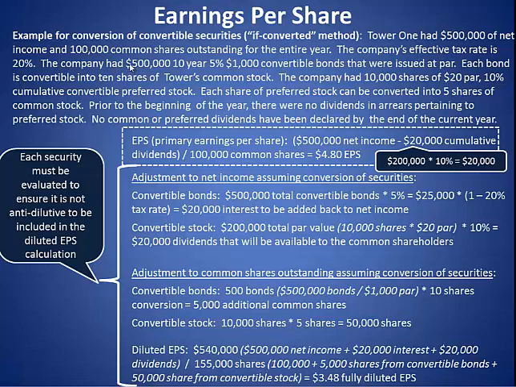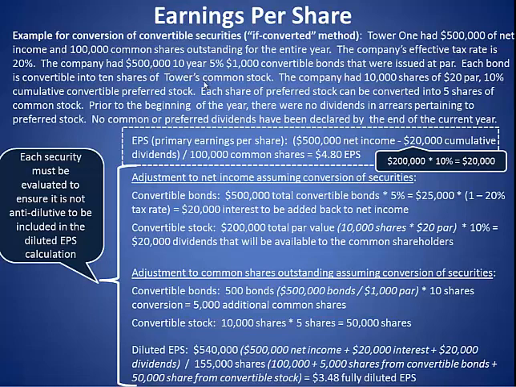$500,000 worth of 10-year 5% convertible bonds, and they have a face value of $1,000 apiece. So when we think about that, that means we must have 500 actual bonds out there. 500 bonds times 1,000 is going to equal the 500,000.